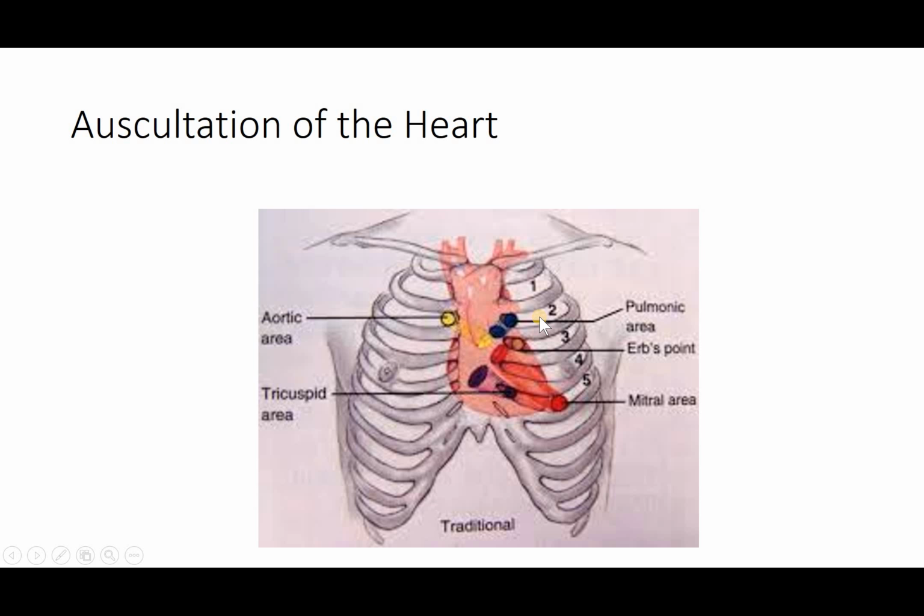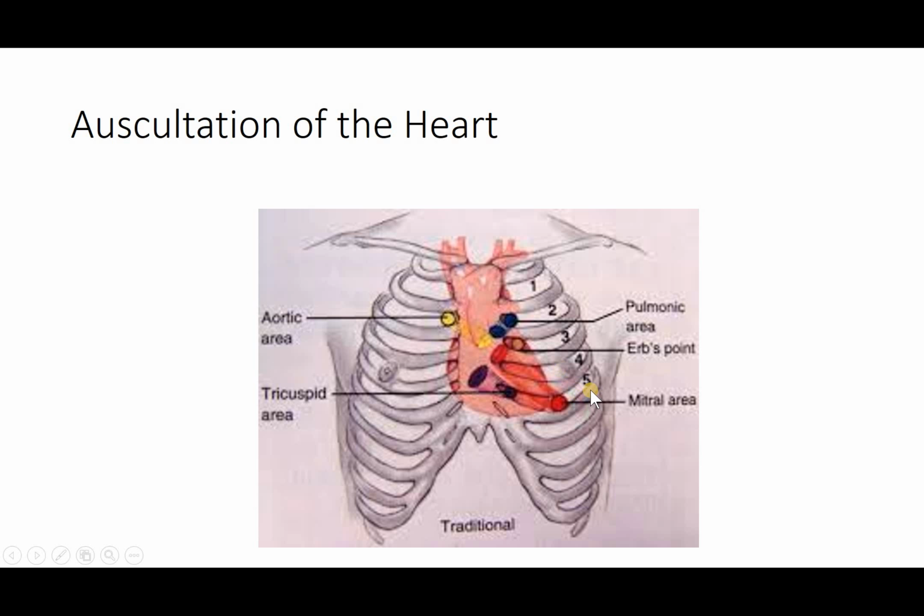On the left side, second intercostal space is the pulmonary valve sound. Third intercostal space is Erb's point. This is where the S1 and S2 heart sounds are equal. In the fourth intercostal space on the left, this is tricuspid valve.